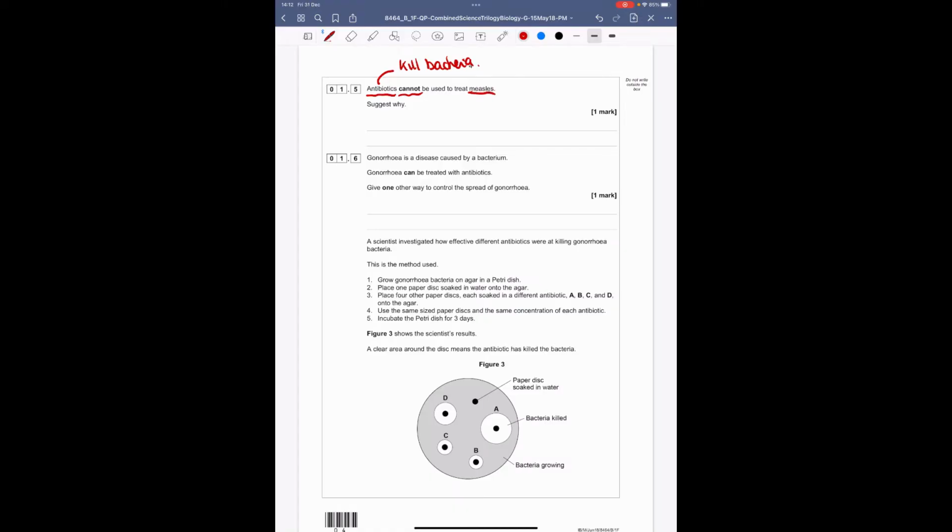Even if you're not sure what causes measles, you know antibiotics kill bacteria and they can't be used to kill or treat measles. So therefore it tells you measles is not a bacteria. So you could say measles is not a bacteria, okay, and therefore it is a virus.